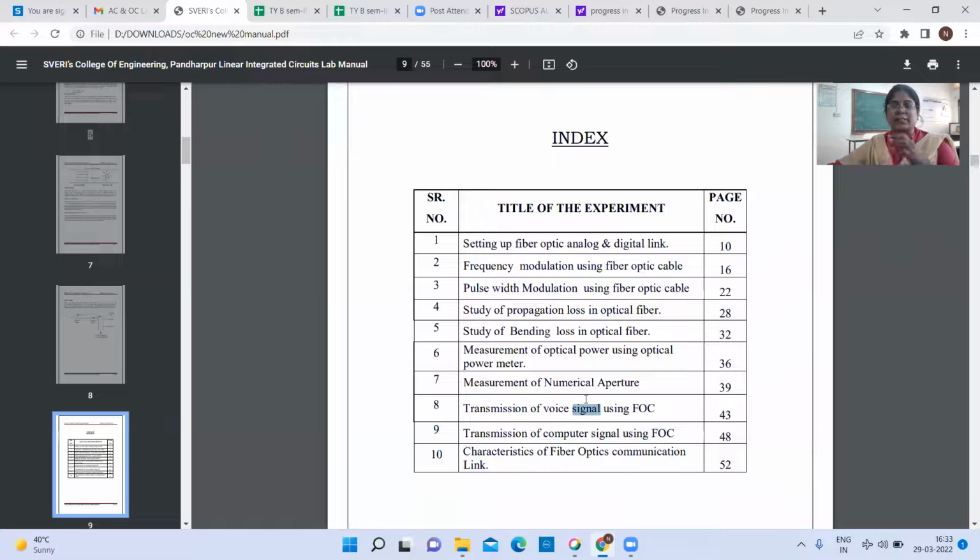So आपण जर एका mic मधून बोललो and that voice if you transmit through fiber optic cable, you are able to hear it properly at the receiver end. That is the transmission of voice signal using fiber optic cable. तिथे आता पहिल्यांदा voice चं electrical signal मध्ये conversion होतं mic through.